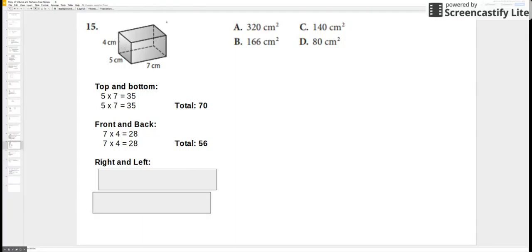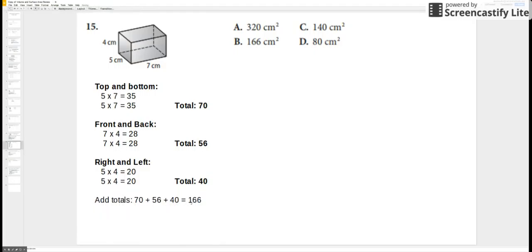Here we have 5 and 4. So your dimensions for the right and left sides are 5 by 4. So 5 times 4 is 20, 5 times 4 is 20. Your total gets you 40. Now add up your three totals, 70 plus 56 plus 40, to get 166 centimeters squared.